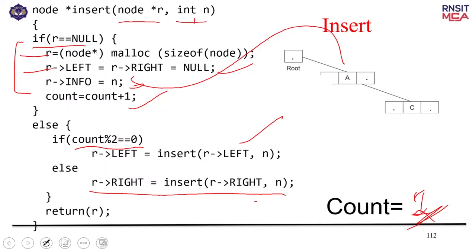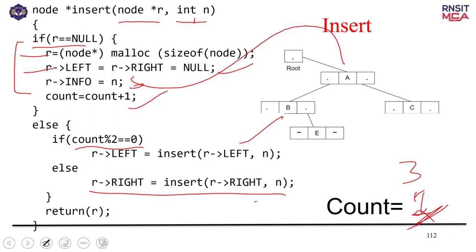So the next time when you call, it will insert at the left. Same way, now the total number of elements is 3. 3 is an odd number, and if it is an even number, it will insert at left; if it is an odd number, it inserts at right. So it inserts at right.